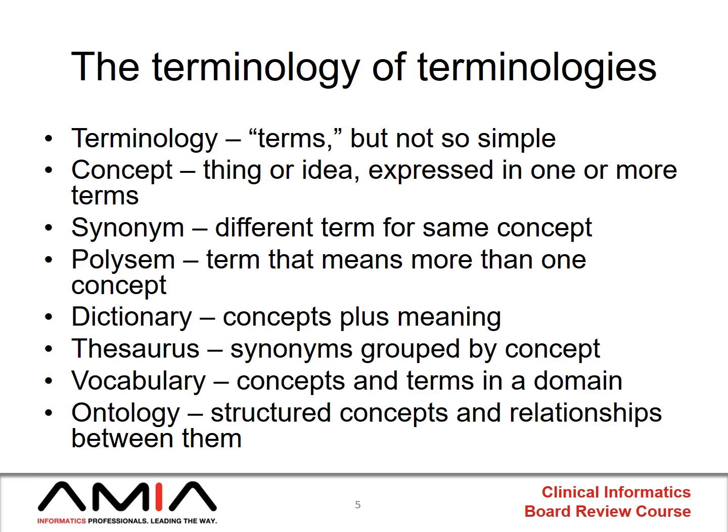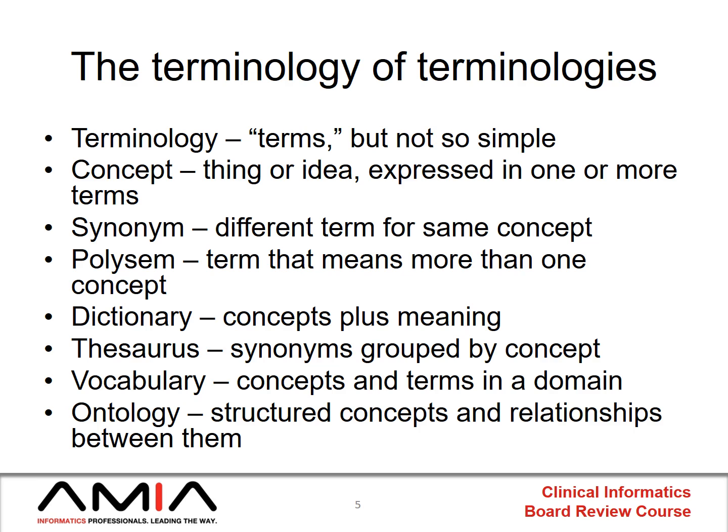And of course, a concept can be expressed by one or more terms, whether it's a disease or a physical finding or a treatment. There are often more than one way to say the same thing. When we have multiple terms for the same concept, those are called synonyms. And of course, there may be instances when a word or a term has more than one meaning. That's a polyseme.